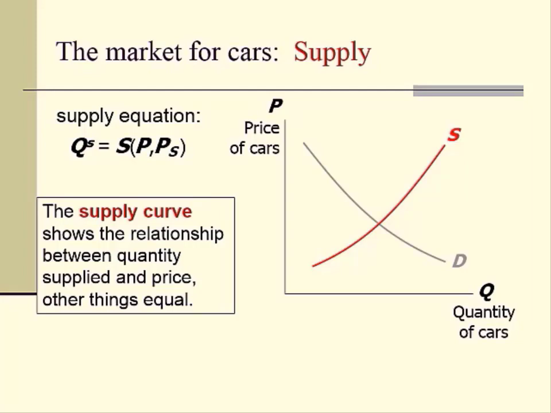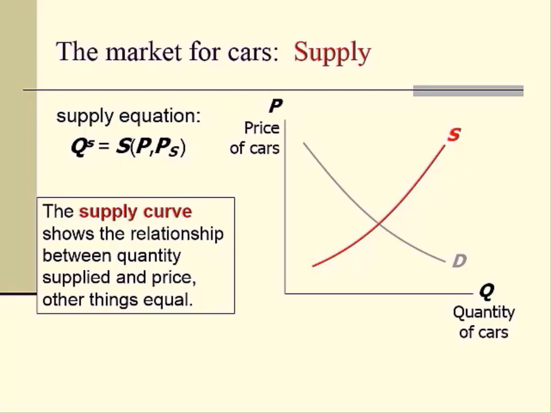S is noted as the supply function, that is a function of P, the price of new cars, and P sub S, the price of steel, which is an input price. As you learned in your microeconomics principles class, by the law of supply, there's a positive relation between price and quantity supplied.